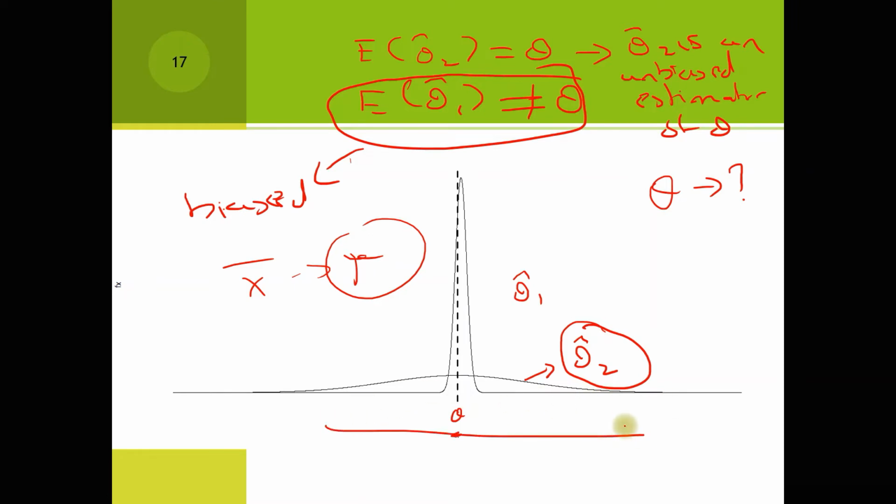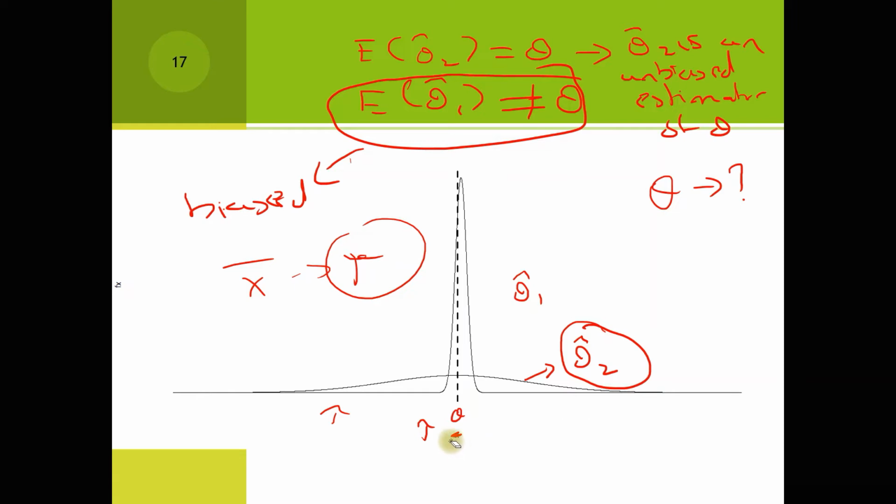You don't take 1000 x bars, but you take only one of these x bars. It's from a random sample that you get this. And the value of x bar that you get can be any value on that scale, which could be quite close to the true mean mu, or it could also be far from the true mean mu.